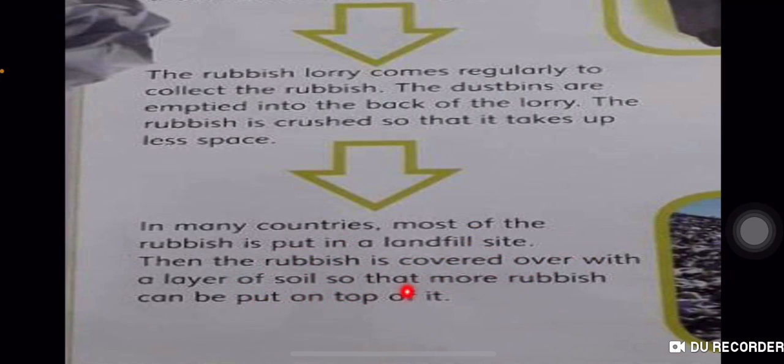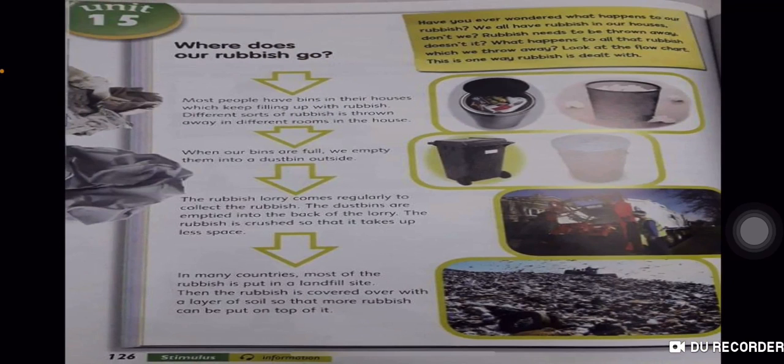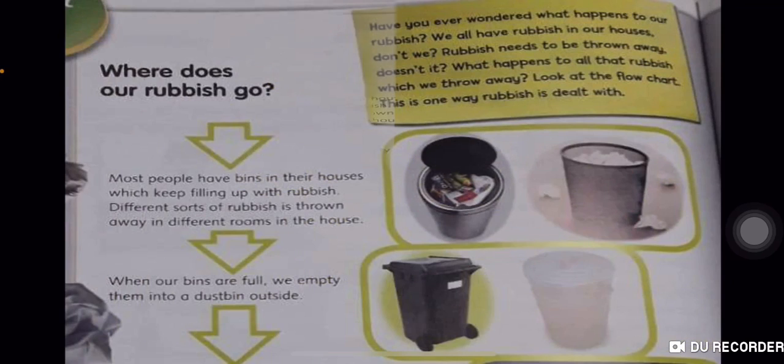The dustbins are emptied into the back of the lorry. The rubbish is crushed so that it takes up less space. In many countries, most of the rubbish is put in a landfill site. Then the rubbish is covered over with a layer of soil so that more rubbish can be put on top of it.